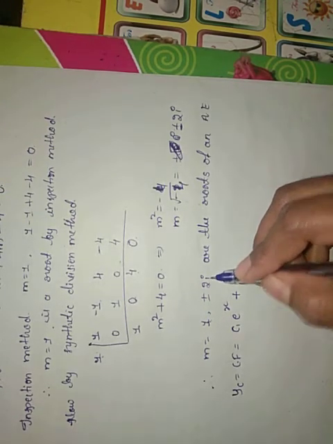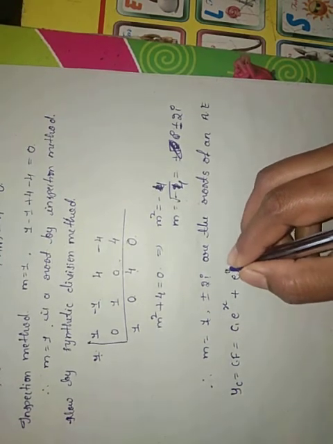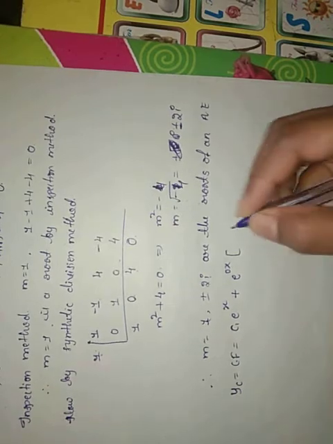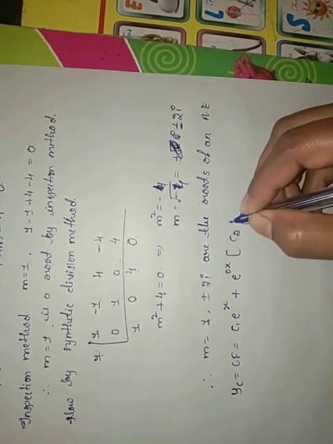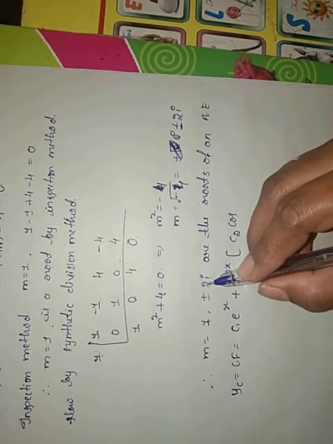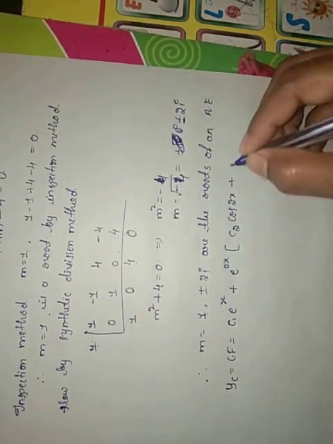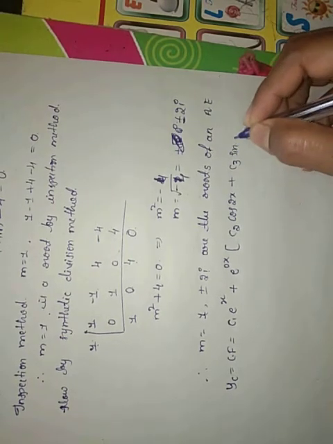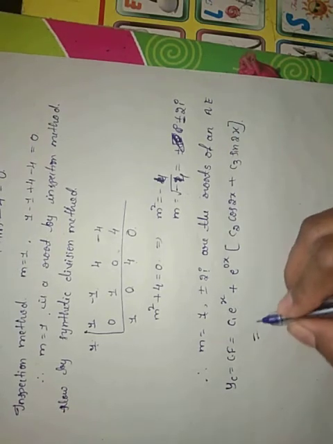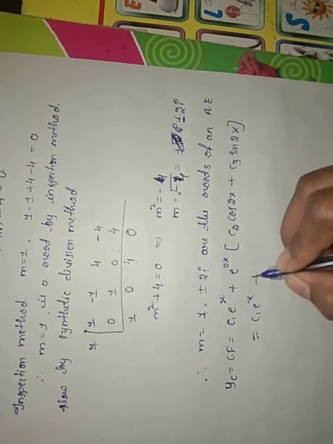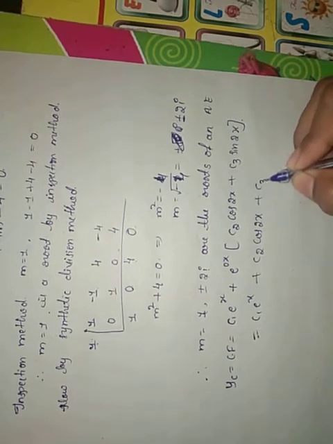If the real part is 0, then it becomes e raised to 0x into bracket c2 cos 2x plus c3 sin 2x, since c1 is already used. Simply we can write it as c1 e raised to x plus c2 cos 2x plus c3 sin 2x.